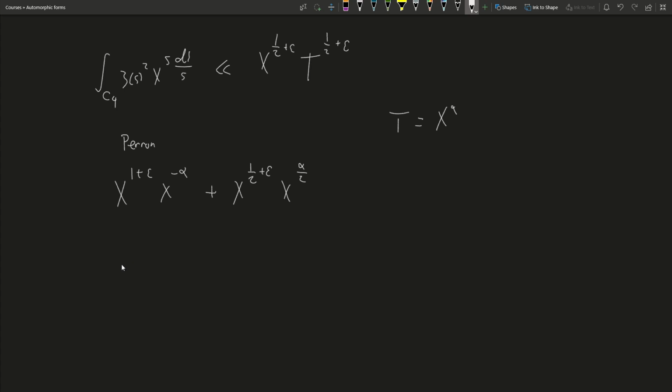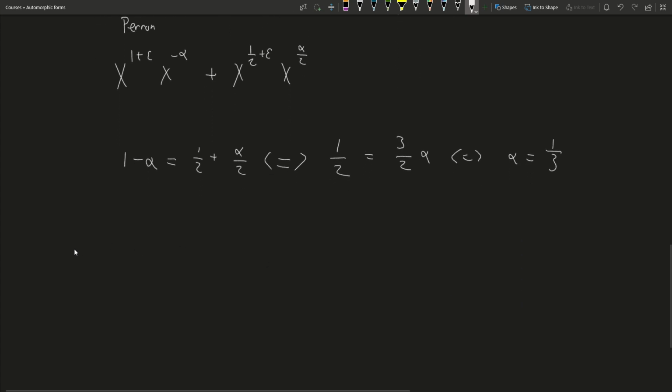So balancing error terms, let's say 1 minus alpha should be equal to 1/2 plus alpha over 2. That means that 1/2 should be equal to 3/2 times alpha. So that means that alpha should be equal to 1 over 3, which is typical. This is often the alpha that you get.